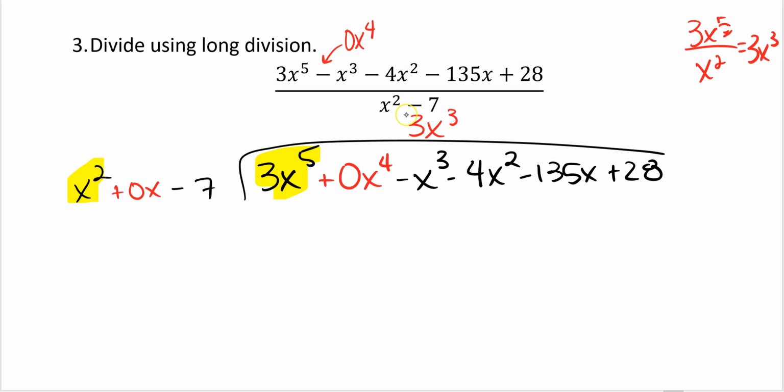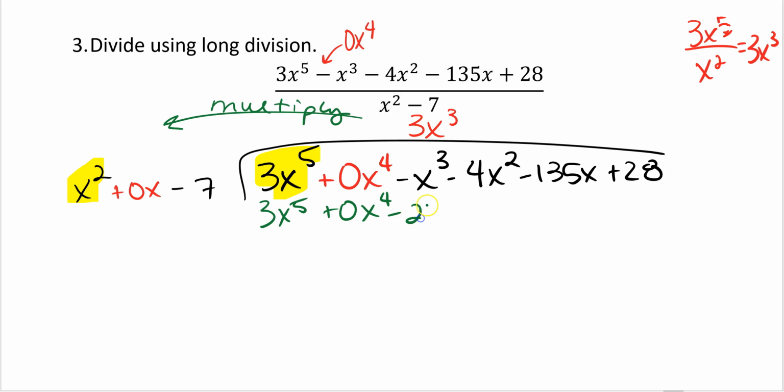Then we're going to multiply 3x to the 3rd times x squared is 3x to the 5th. 3x to the 3rd times 0x is 0x to the 4th. And 3x to the 3rd times negative 7 is negative 21x to the 3rd.